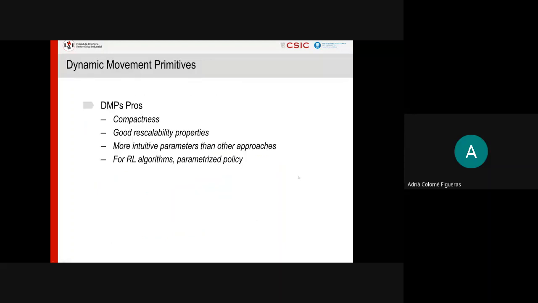Dynamic movement primitives have some advantages. They are a compact representation. They have good rescalability properties. We can change the goal of the motion and it will adapt very smoothly. It is an intuitive representation. The parameters.